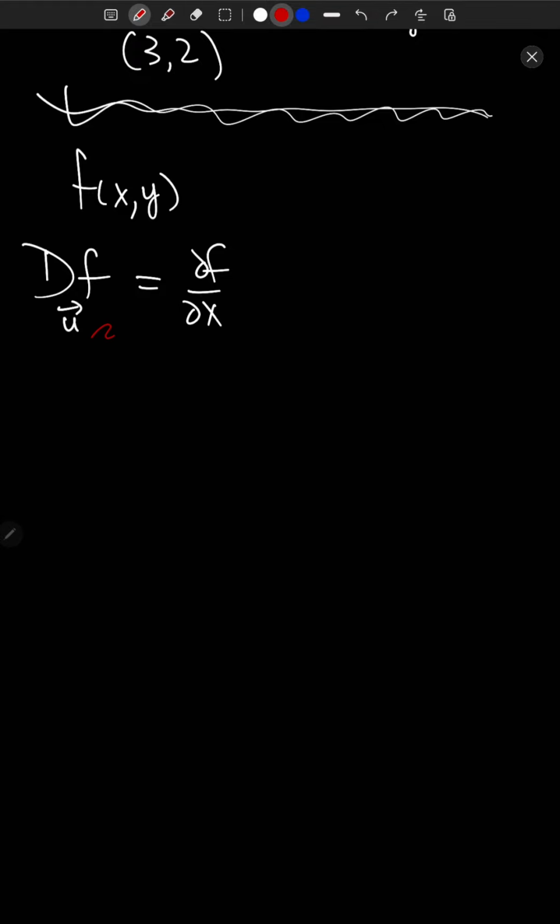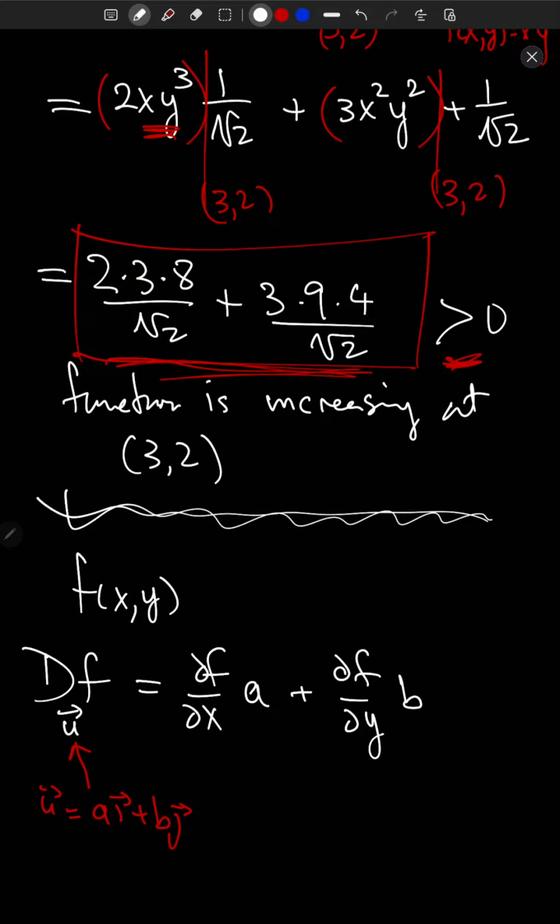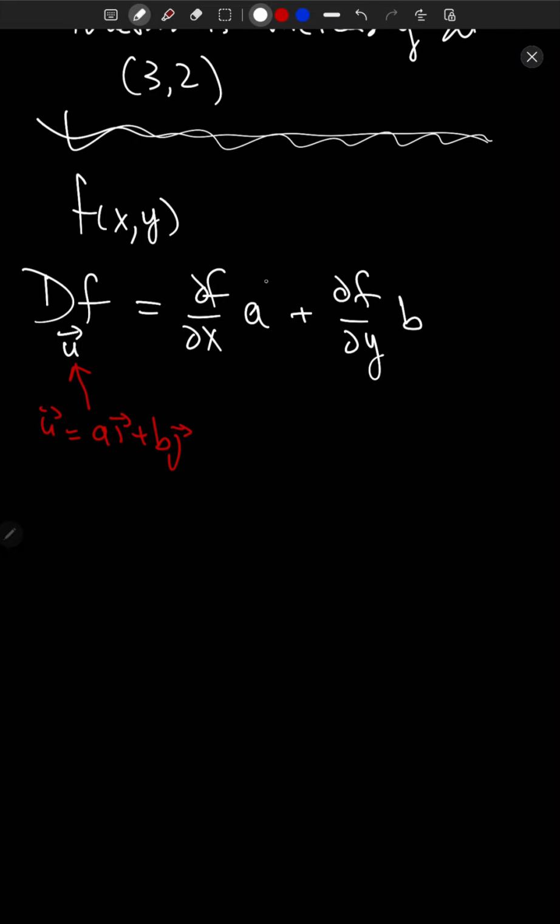So let me write down the coordinates of u. Let's say u is equal to ai plus bj. Then we're going to have df dx, and we already know this is just going to be a, plus df dy, and this is just going to be b. Again, the chain rule tells me this should be dx dt, but we already know that dx dt is a, and this should be dy dt, but we already know that is b.